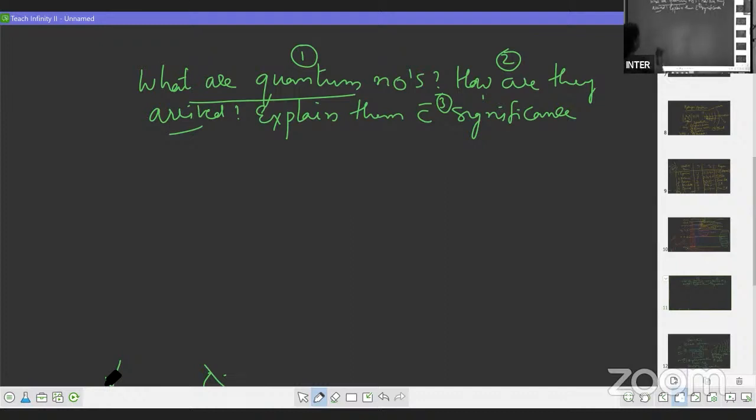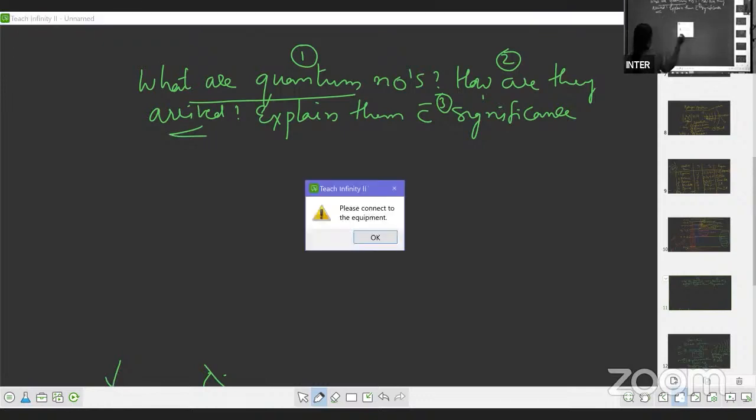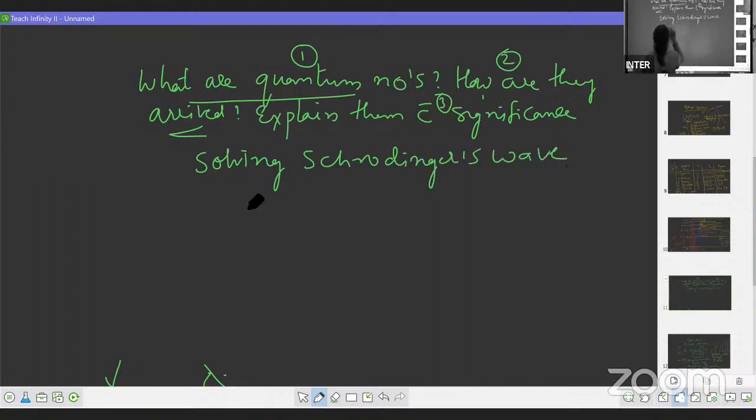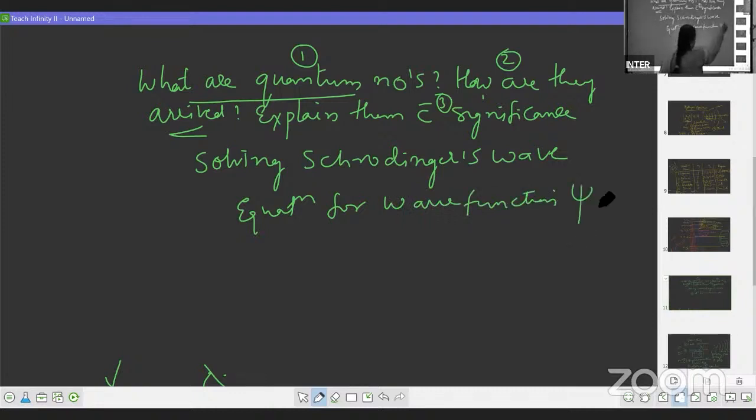Now, how are they derived? Where were they derived from? They are derived by solving Schrodinger's wave equation for the wave function psi, written as P and I. Schrodinger is a physics scientist.